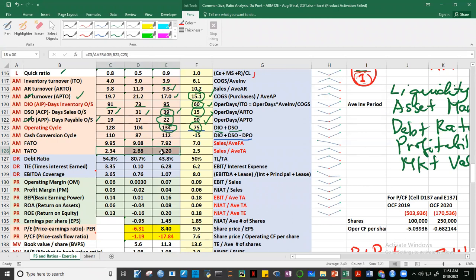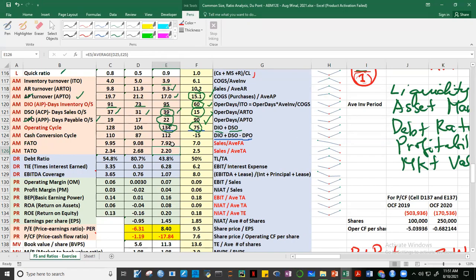So for these 3 years, our best is 2019 and our worst performance is 2020. And our competitor outperforms us in terms of total asset utilization. So what does 2.2 mean? It means we're able to generate 2.20 of sales for every 1 peso of total assets.